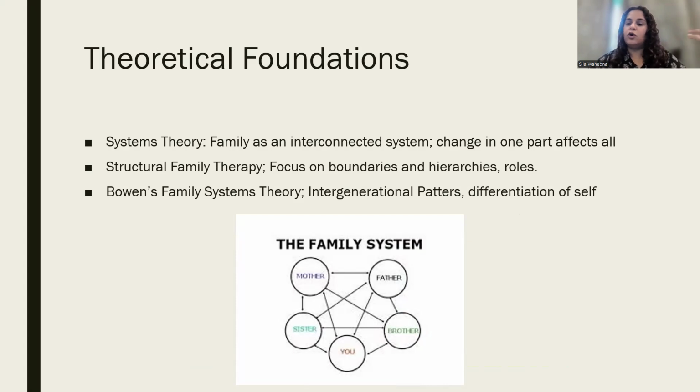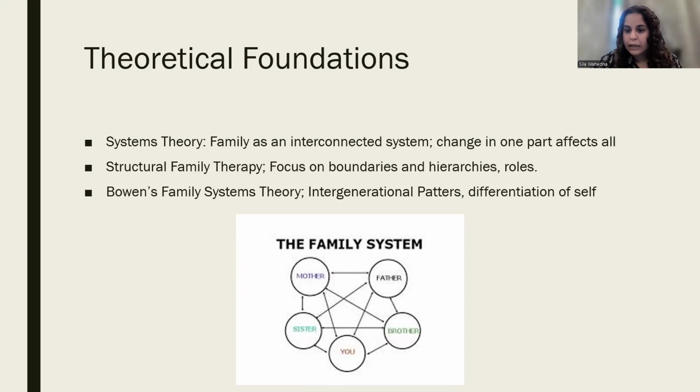Family therapy draws its strength from several foundational theories that view the family as a living, interconnected system. So, the first one is systems theory, and that proposes that every family member influences and is influenced by others. So, a change in one person's behavior or emotion creates a ripple throughout the entire family unit.